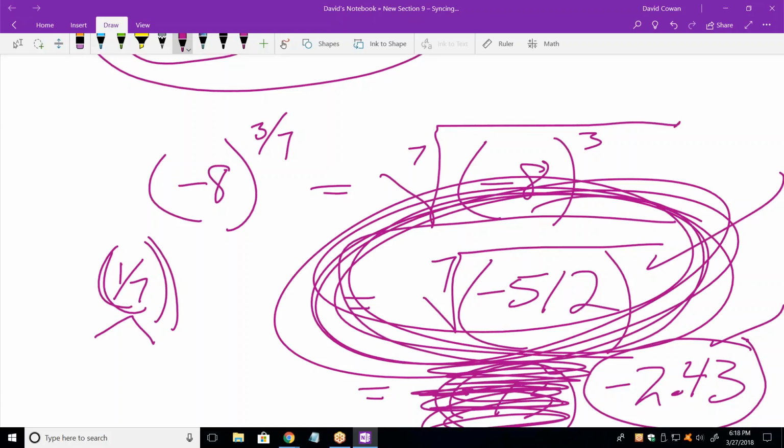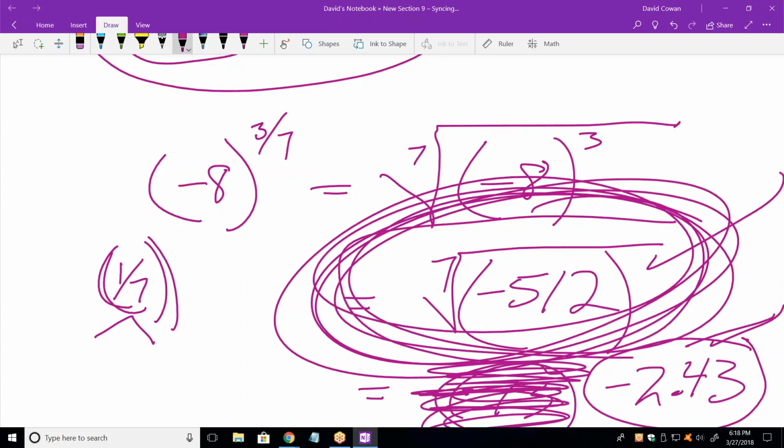So you probably don't want to put the decimal. It kind of depends on your teacher. Usually it takes till you get to Algebra 2, where they stop having you put it in decimal format and have you leave it in radical format, because radical format is more accurate. But it depends on what your instructions are.